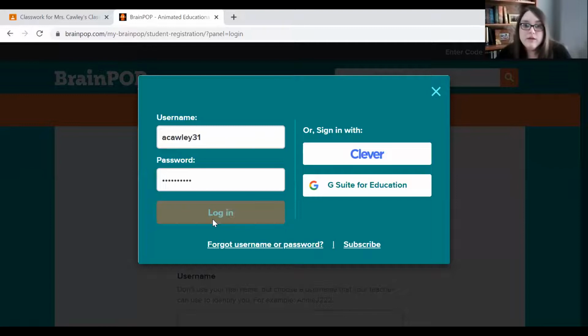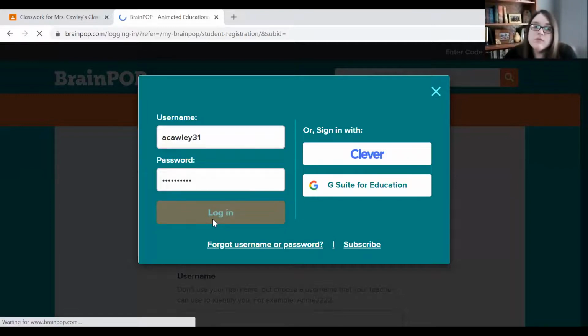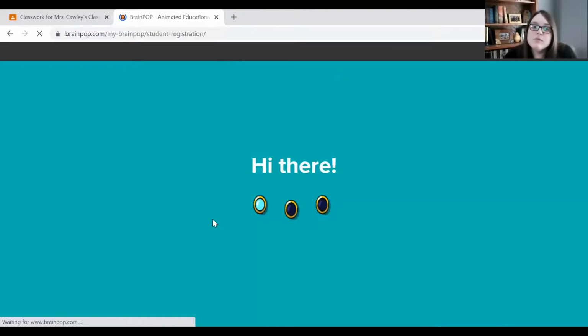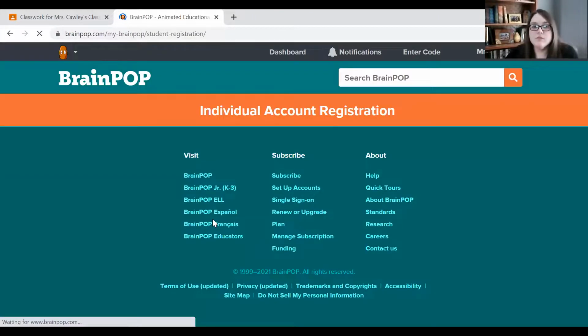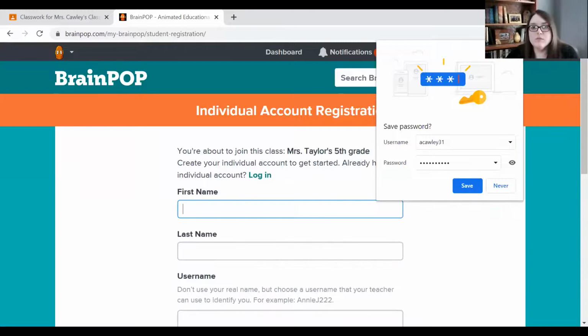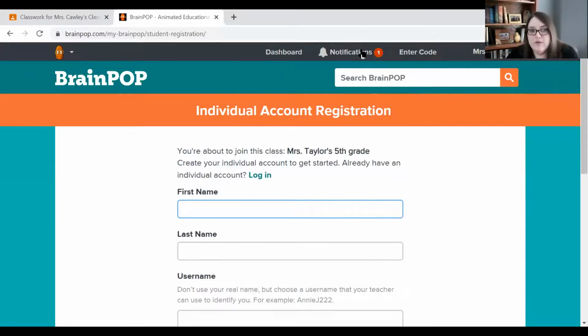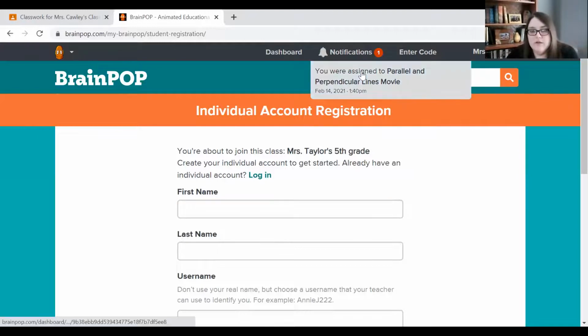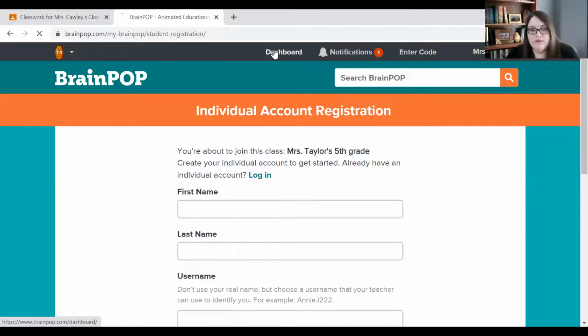Okay, log in. So right here, it says notifications. So I'm going to click on my notifications, or I can go to dashboard. It doesn't matter. So I'm going to click on dashboard.